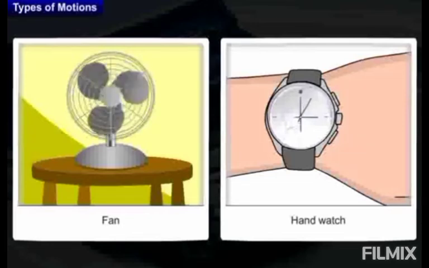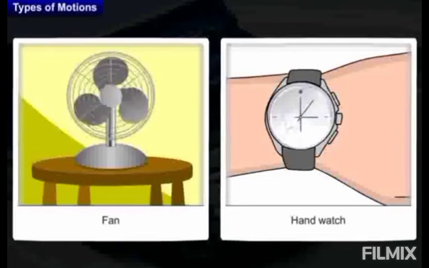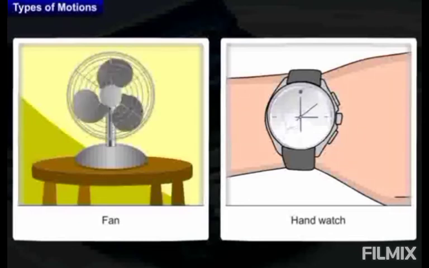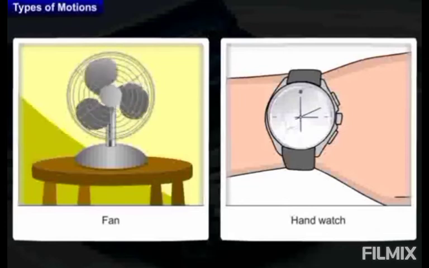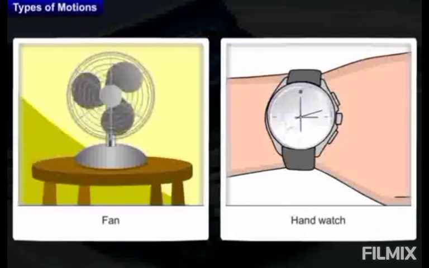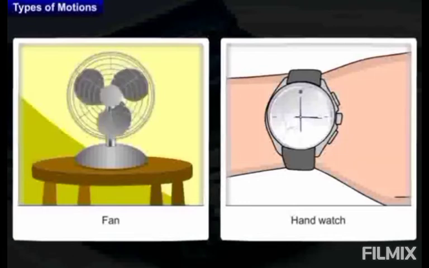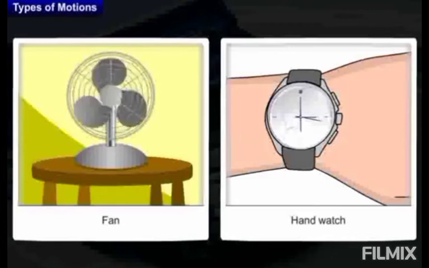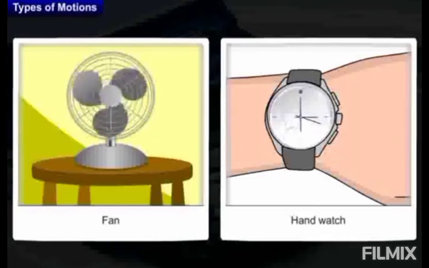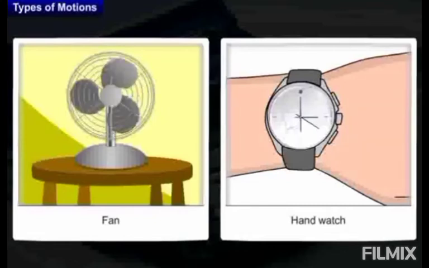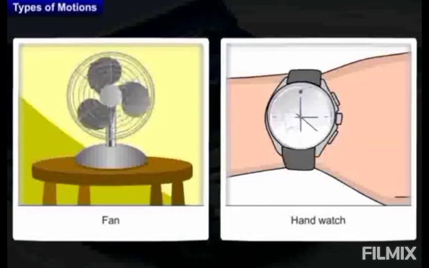You can see that the fan is rotating, the blades of the fan rotating in a circular path. Here you can also see the hands of the watch: the second hand, hour hand and minute hand. These are rotating in a circular motion. So these are the examples of circular motion, blades of a fan and hands of a watch, carried out in a circular path.